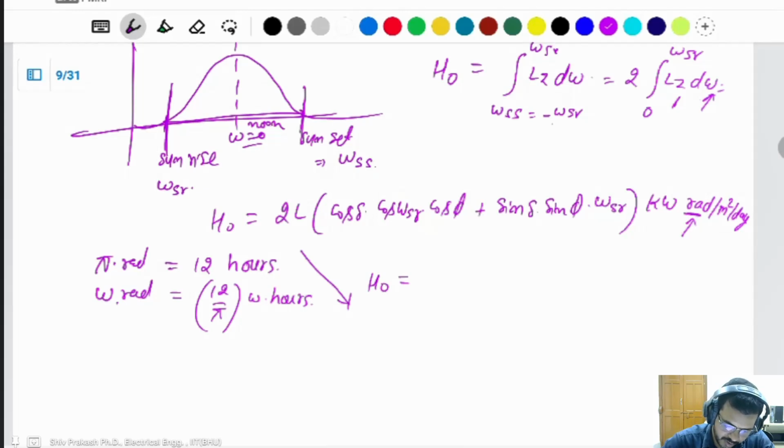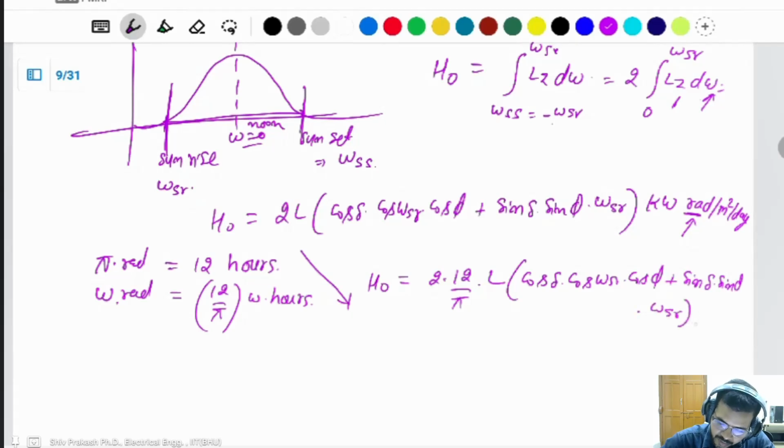The multiplication of this one: 12 by pi, 2 into 12 by pi into L, 2 j, cos del cos omega sr into cos pi, sin pi.